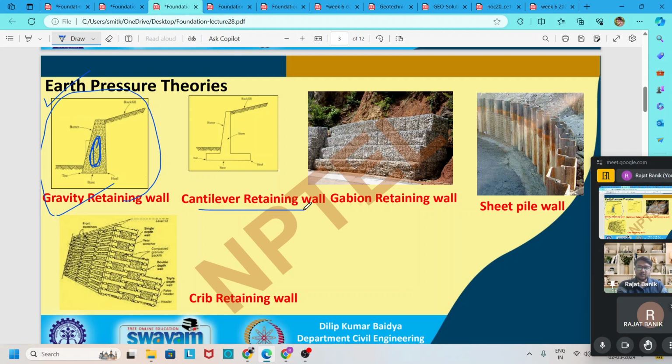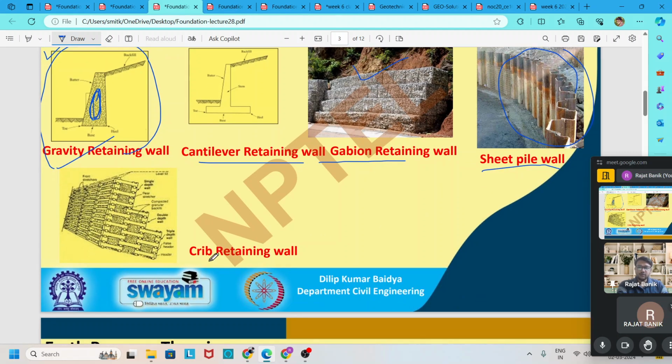Then there is the cantilever retaining wall, and the gabion retaining wall. Then there is the retaining wall where we use sheet pile, which is called a sheet pile wall. Then the crib retaining wall.